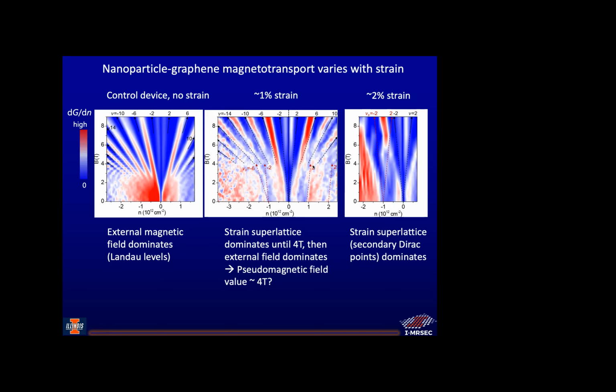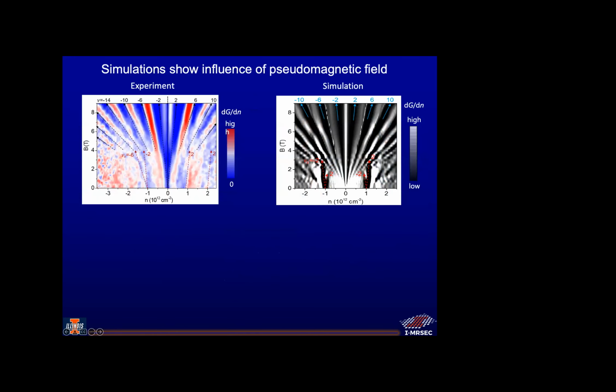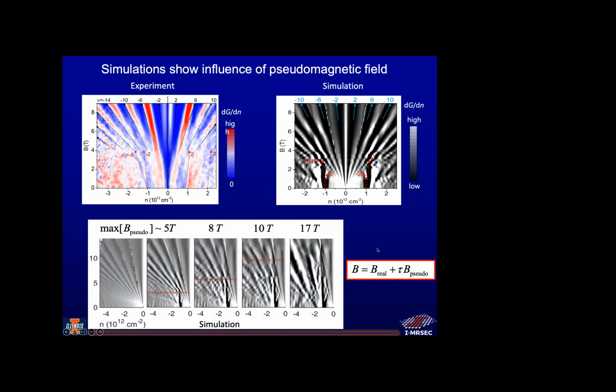We worked with, again, our theory collaborators to model this, and they could simulate our data showing these secondary Dirac points that evolved into Landau fans. But in order to do this simulation, they had to assume an average pseudomagnetic field. When they assumed an average pseudomagnetic field of around 5 Tesla, they could get simulations that looked like our data.